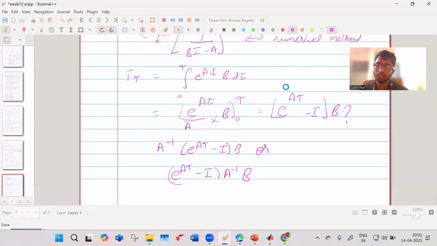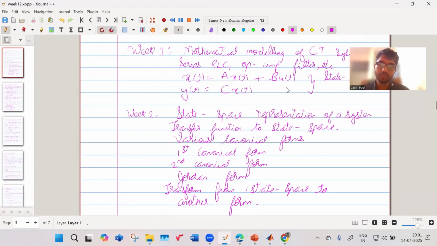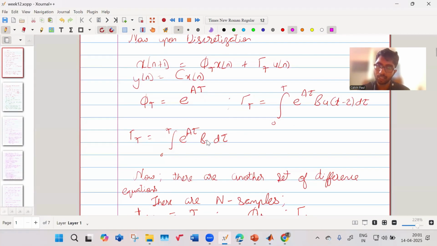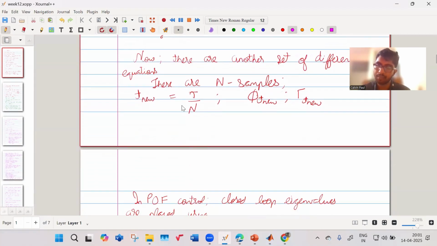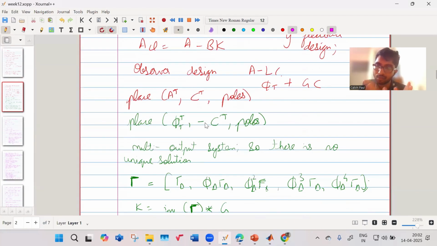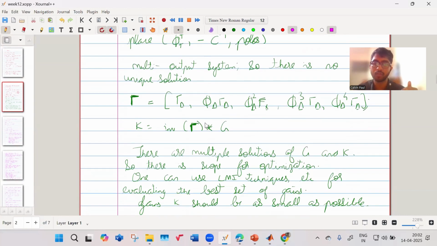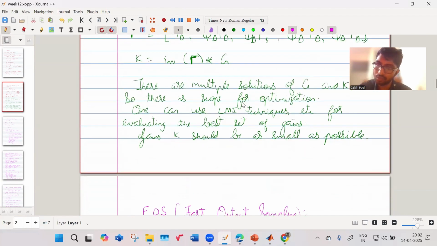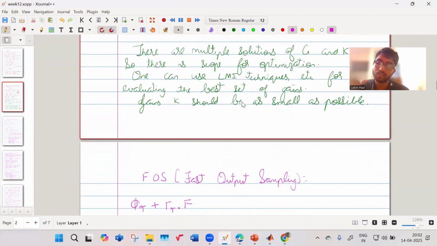Okay, so first a recap. Today we have seen what Sir has taught in this week 12 of FOS Kalman filter. What is discretization, how it is done, how there are n samples for one output sample or one input sample, depending on whether it is for FOS control, how the closed-loop eigenvalues are placed, and how we have to change the place function, the syntax to do pole placement for POF control. This is the value, how we got a recursive expression so that we could do it back. And then how multiple solutions of G and K are possible, and we can also use LMI techniques further.